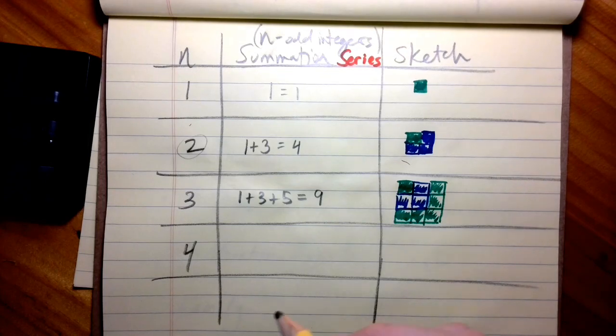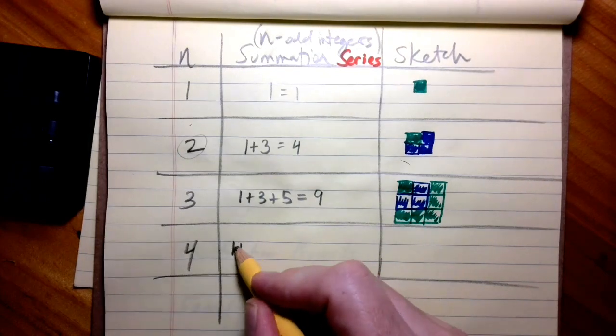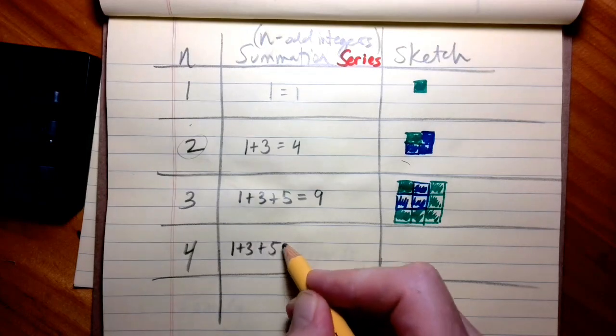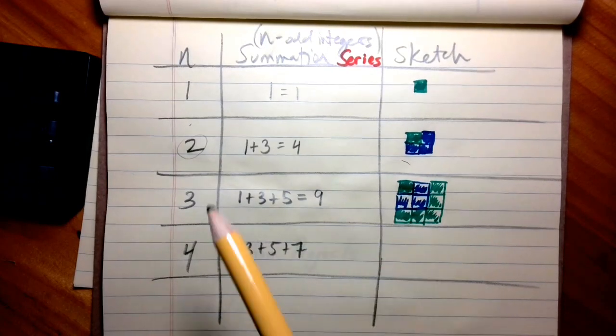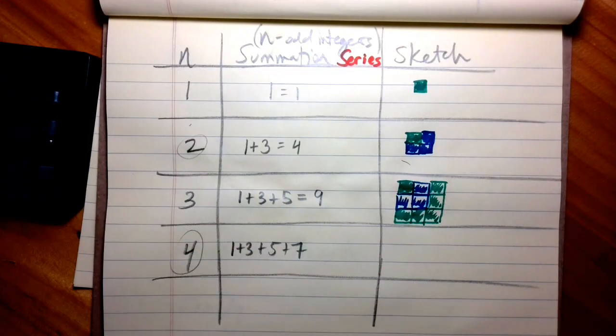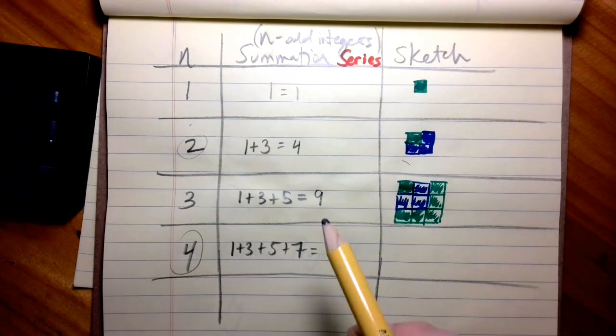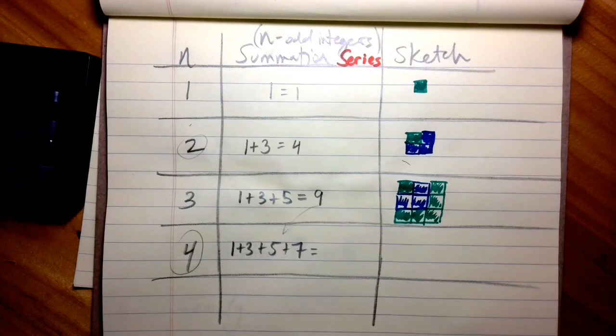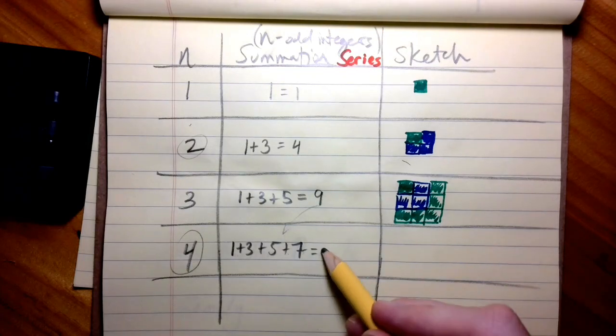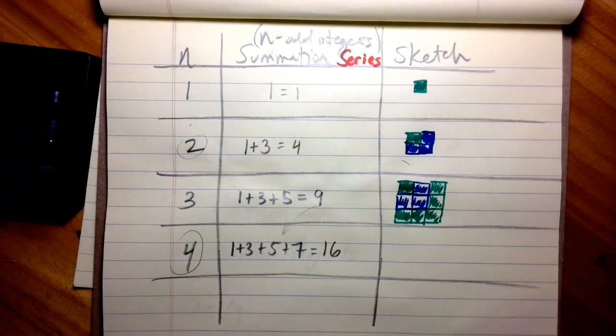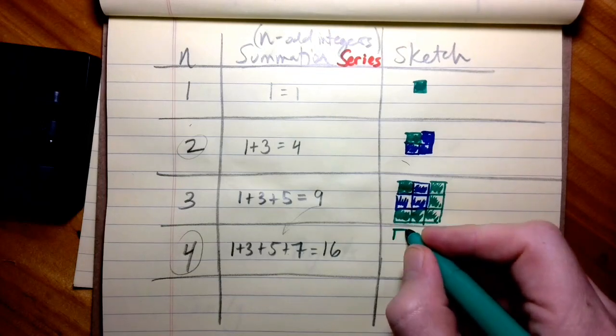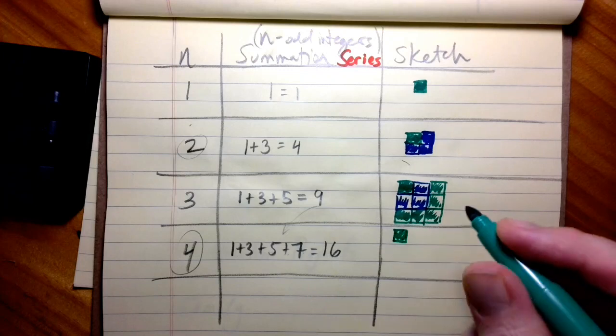Let's do one more. We've got 1 plus 3 plus 5 plus 7. Those would be the first 4 odd integers. 1 plus 3 plus 5, we actually know that from this problem here, it's 9. Plus 7 gives us 16. And we'll try to squeeze that into this little block of a sketch.